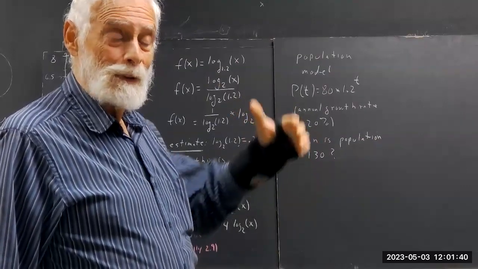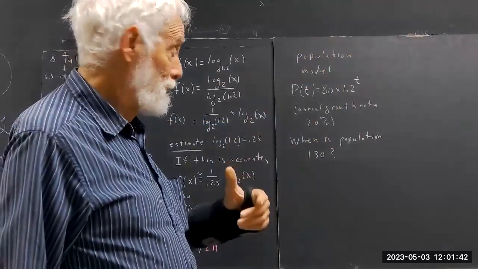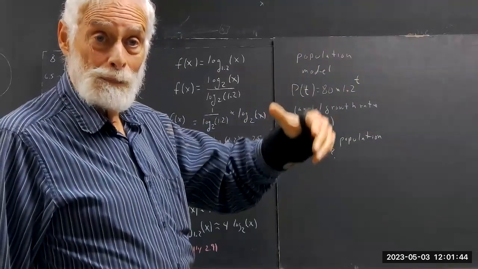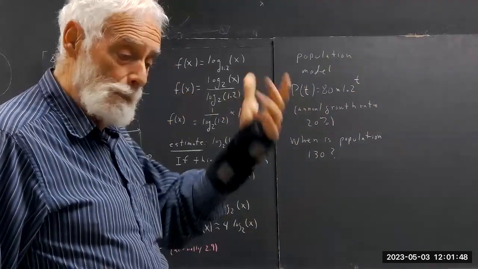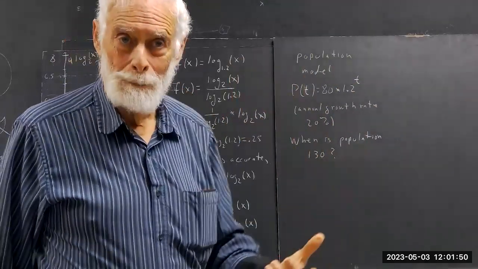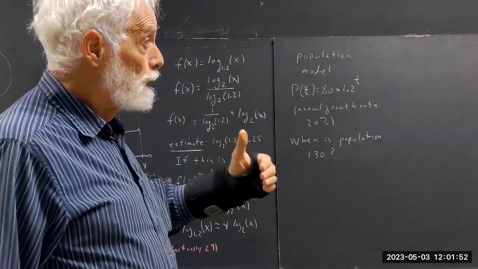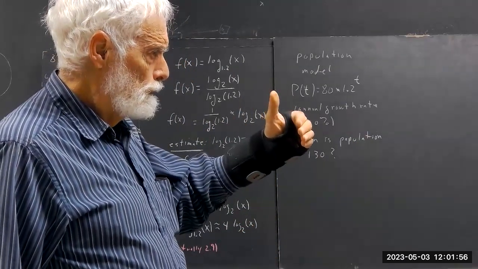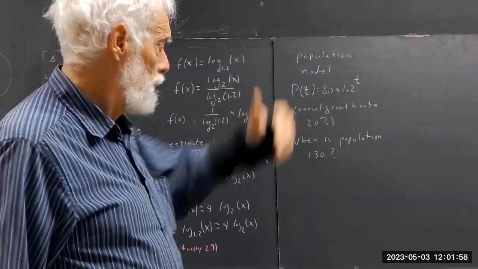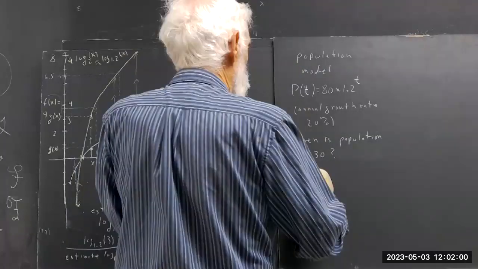That's going to get us up to 138. Okay, so sometime between the second and third year, T equals probably about 2.9. Okay, I think there's 1, 2, 3.